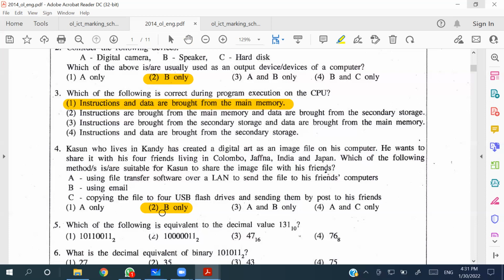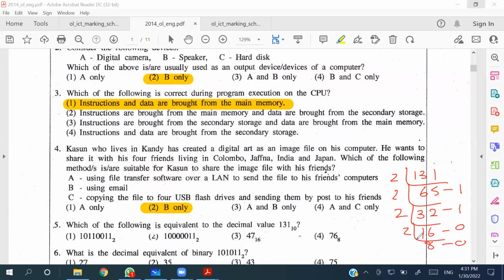Right. So the fifth one: which of the following is equivalent to the decimal 131? If you do the math, you will find 131 is equal to the second answer. So 131 divided by 2 is 65, 1 remaining. If you divide it by 2 again, it is 32, 1 remaining. Divide by 2, 16, 0 remaining. Divide by 2, 8, 0 remaining.